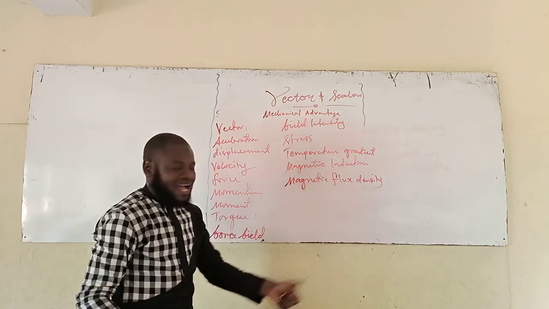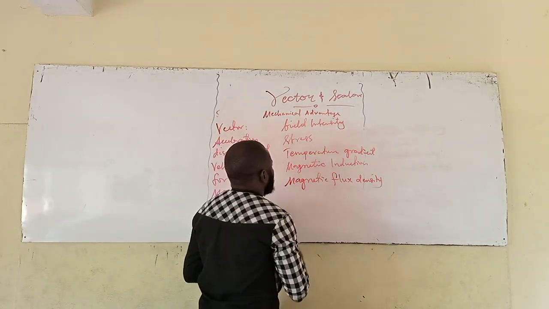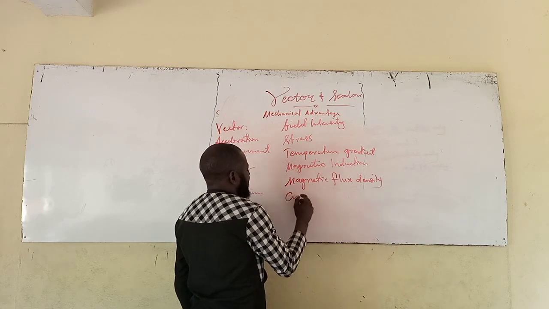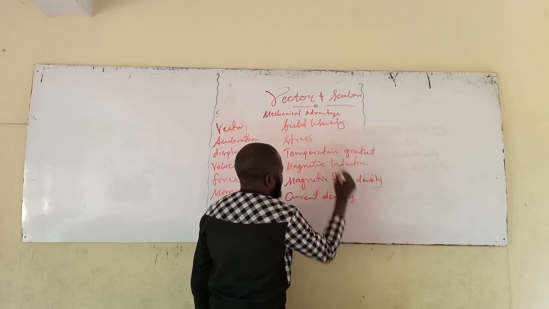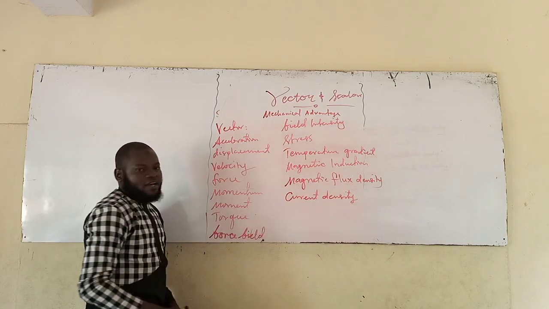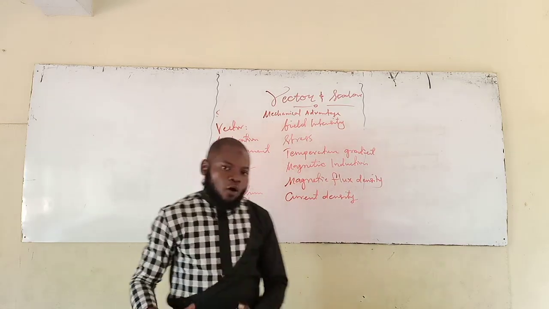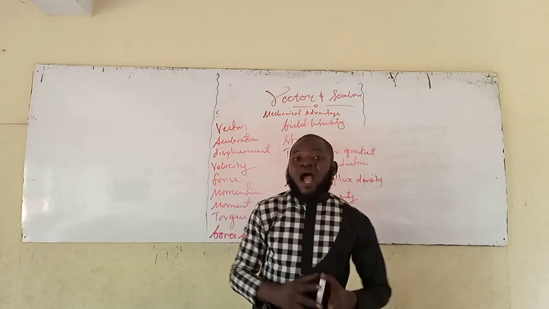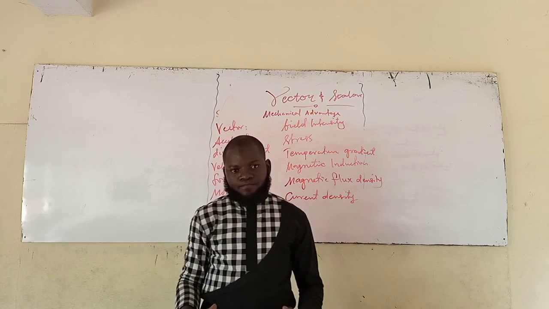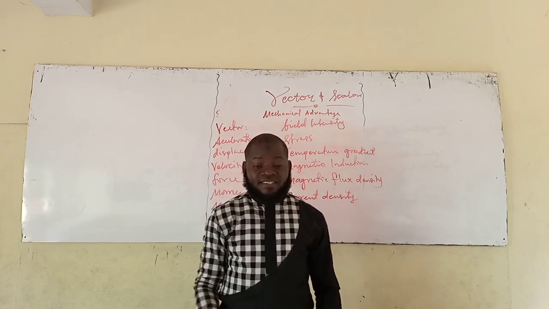So you have to note that. Then the next one I have here is a current density. Current density is a vector quantity. So all of these are examples of vector and scalar. I believe we understand this now.